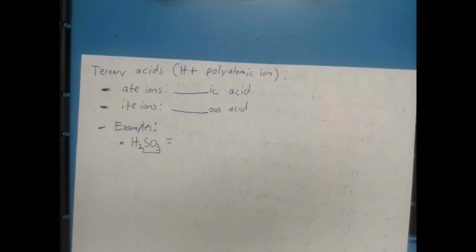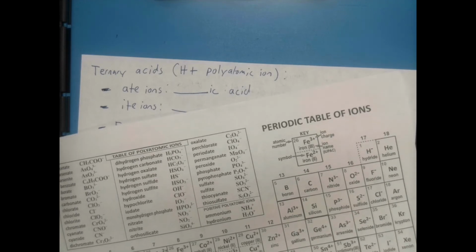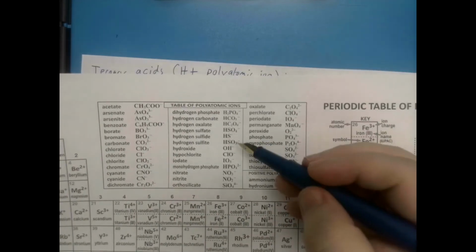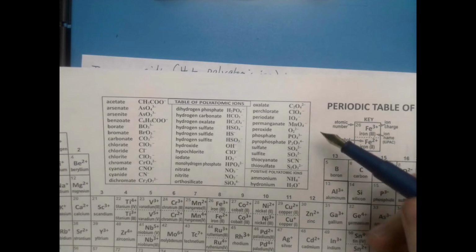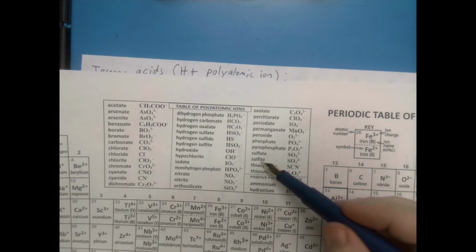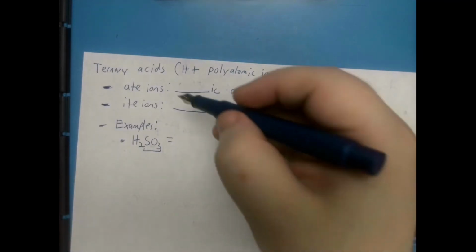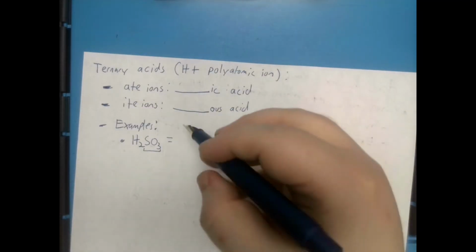No. So you're looking at it wrong. You're looking at the HSO3. You need to be looking at just the SO3. So it'd be sulfite. And if it ends in ite, we will replace the ite with ous.